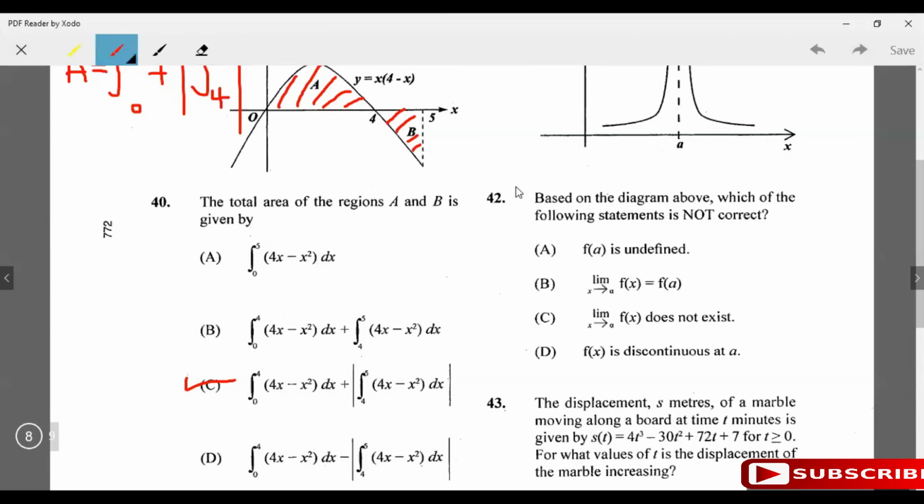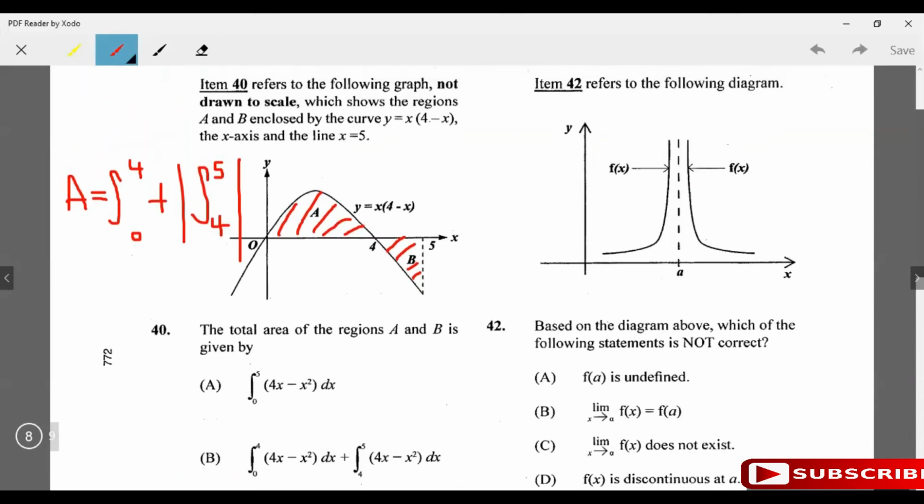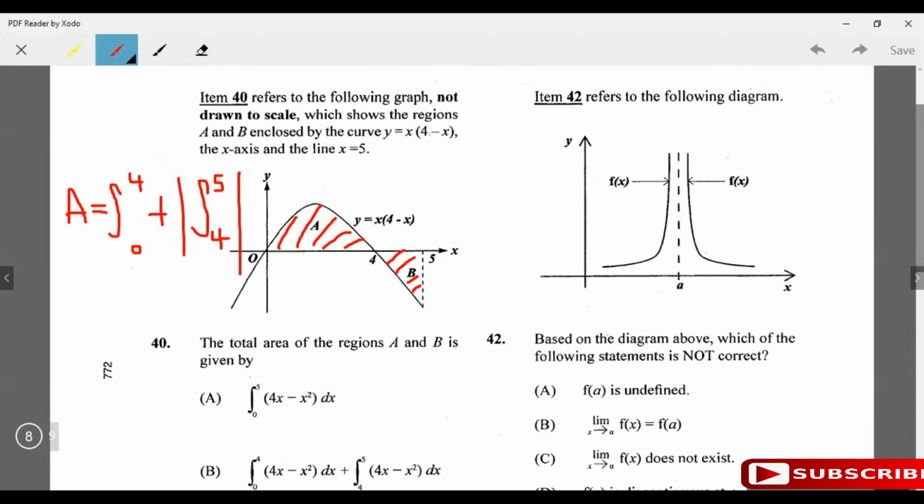All right. Question 42. It says, based on the diagram, which of the following statements is not correct? I'm going to hurry up and finish because I know plenty of us will have to go soon.